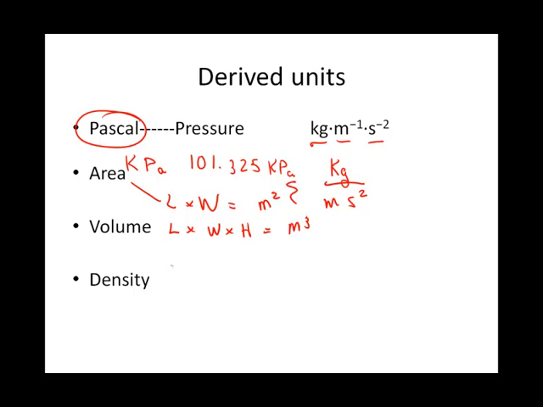Density could be things like kilogram per meter cubed, although that's not a very common unit. Usually we see things like grams per centimeter cubed or kilograms per decimeter cubed. Derived units.